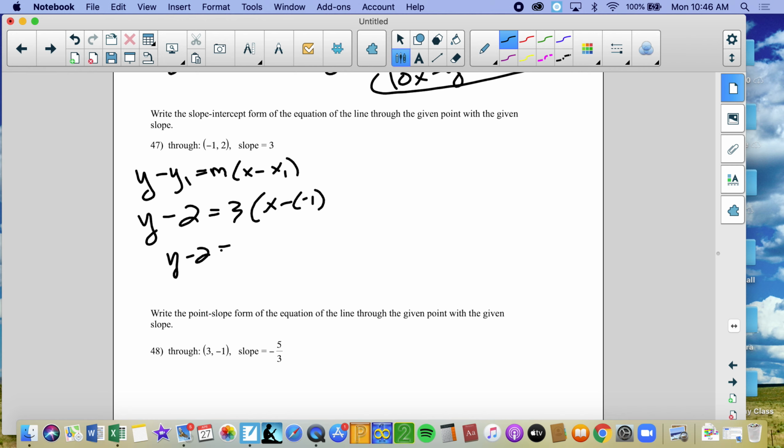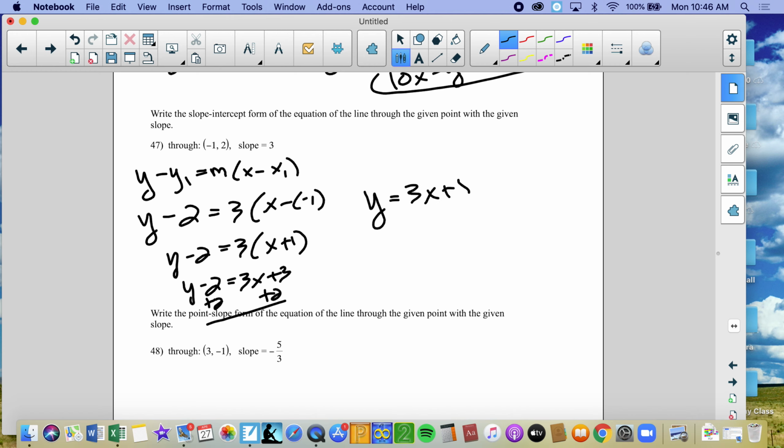Y minus 2 equals 3 times the quantity x plus 1. Y minus 2 equals 3x plus 3. Let's add 2 to both sides because we're isolating y. Y equals 3x plus 5 would be in slope-intercept form.